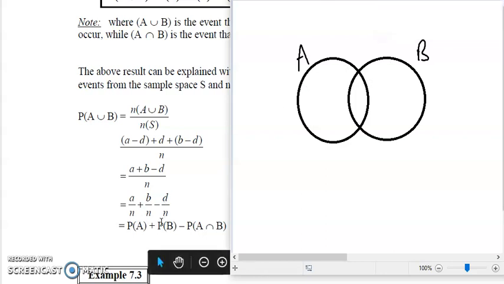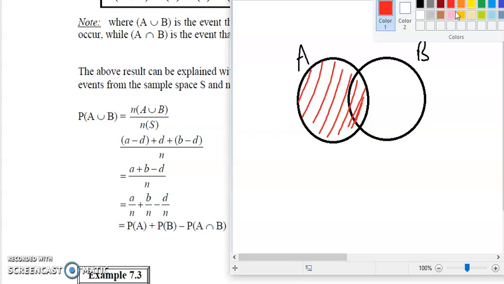If you look at the formula, we have probability of A plus probability of B minus probability of A intersect with B, right? So maybe we're going to use a red color for the set A, and for the set B we'll use the blue color.